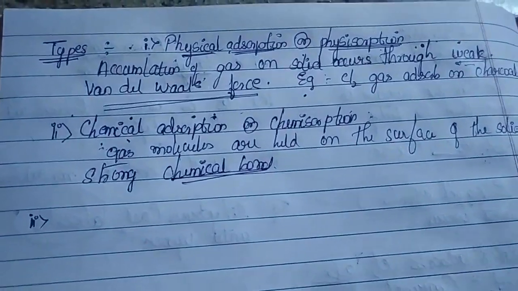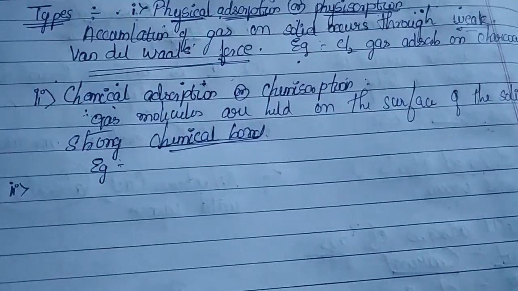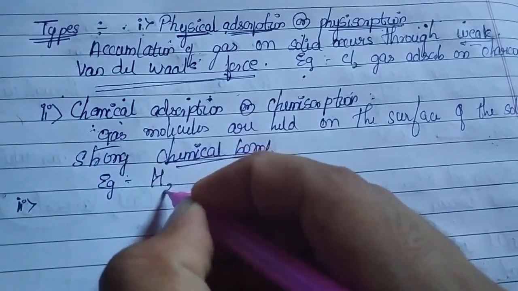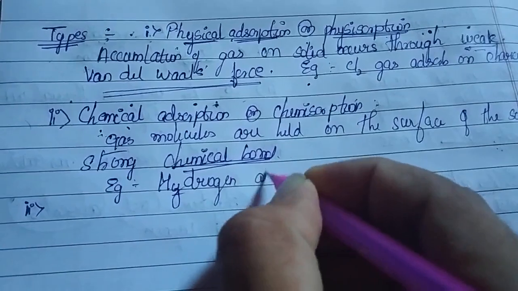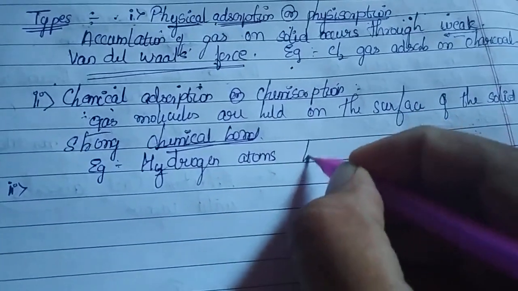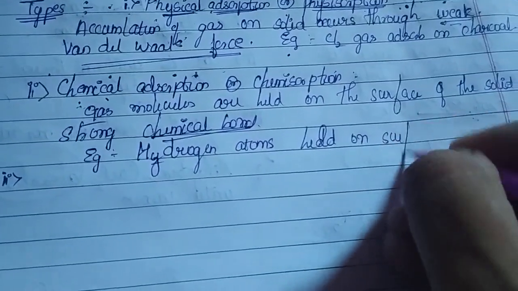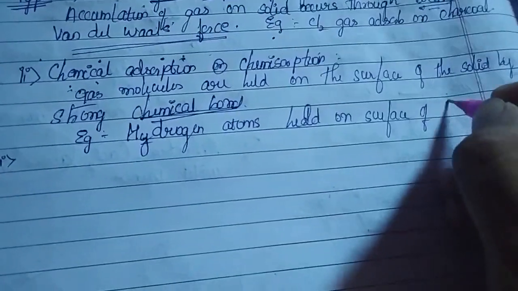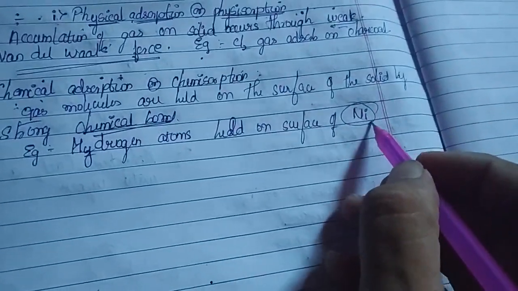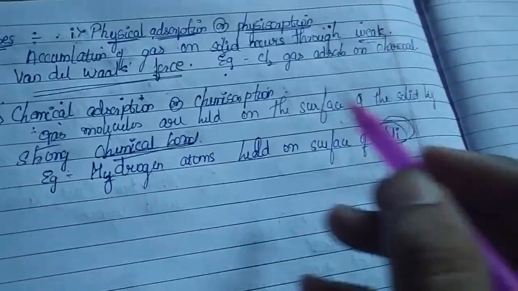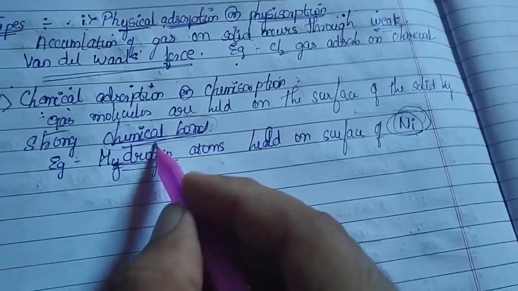If you ask me for an example, of course we can say hydrogen atoms held on the surface of nickel. Here the nickel is strongly bonding the hydrogen atoms by a strong chemical bond.